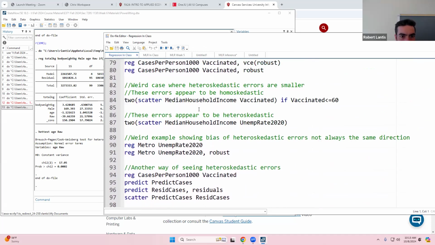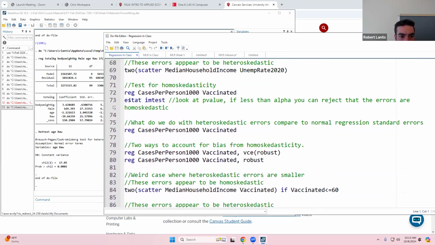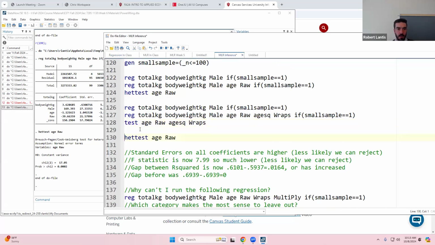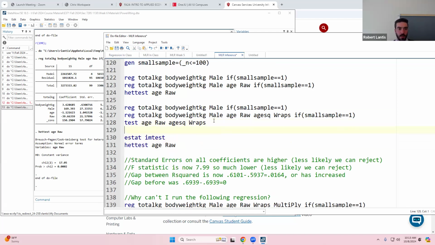So we had talked about using this estat imtest. I'm going to run it in the one that we're using today. So we had inference. So estat imtest. And I'll do a really basic regression to make this point instead of doing several.